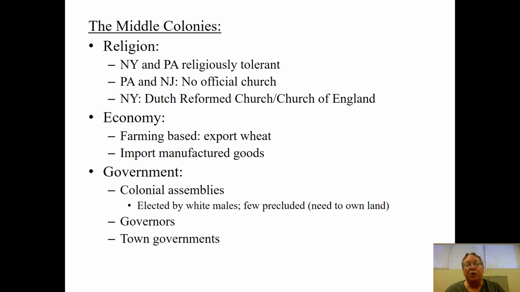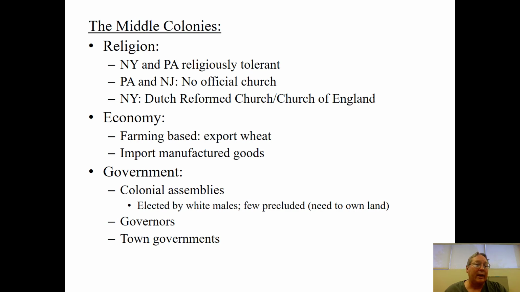But what if you're Jewish in New York? Well, they said that's fine. Go ahead and practice. You just pay your taxes to these Protestant churches, and then you can support your church however you want to. So New York can allow a lot of different religions, but it does tell you you have to support some. Pennsylvania is going to be religiously tolerant to the point where it says do whatever you want as long as it's Christian, right? So there are some limits there.